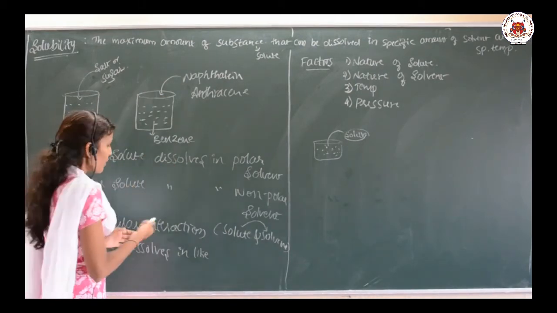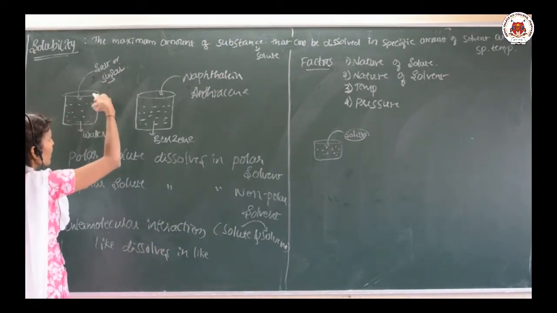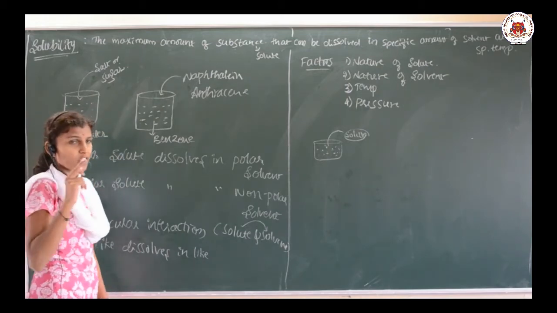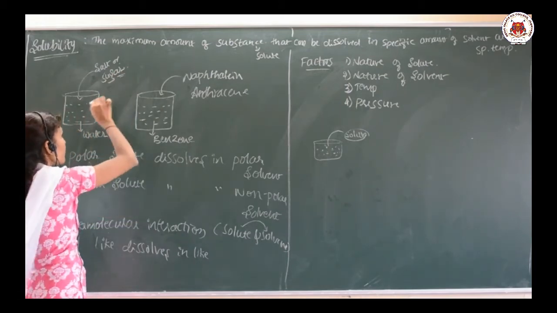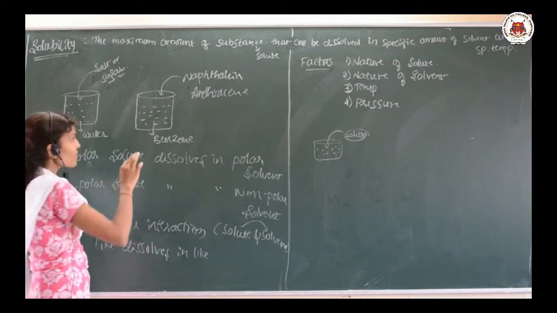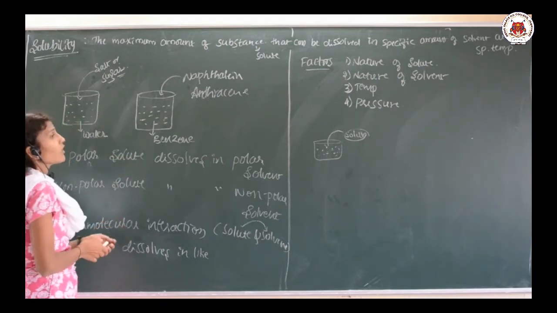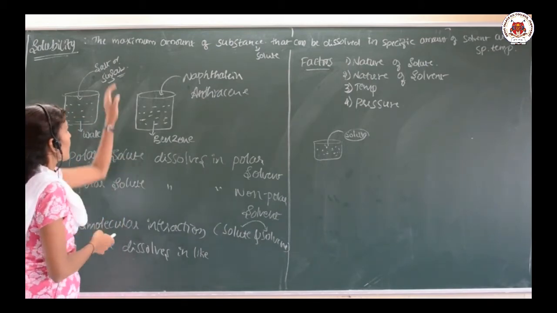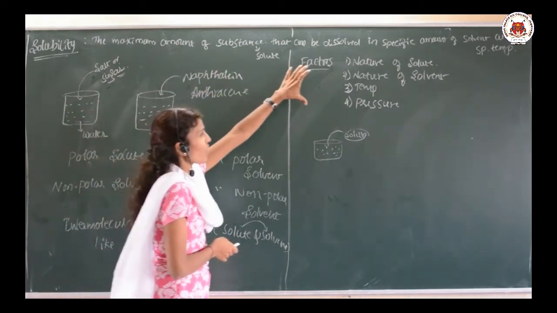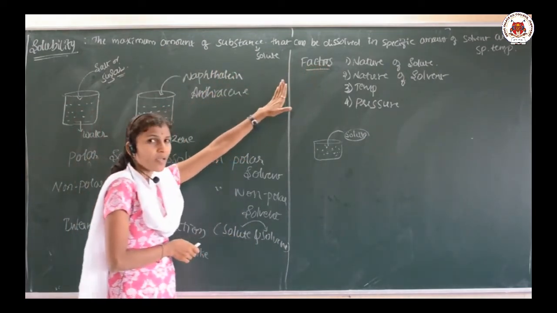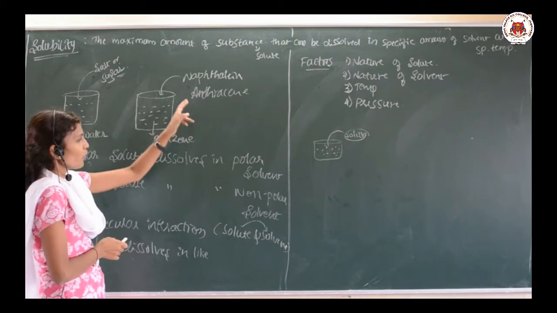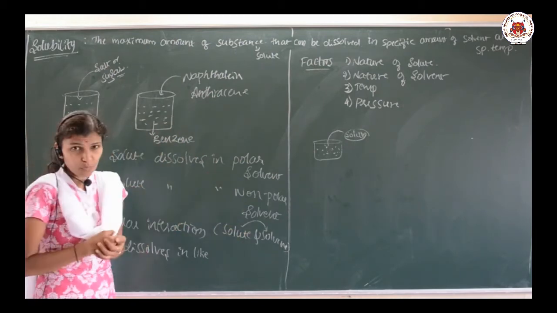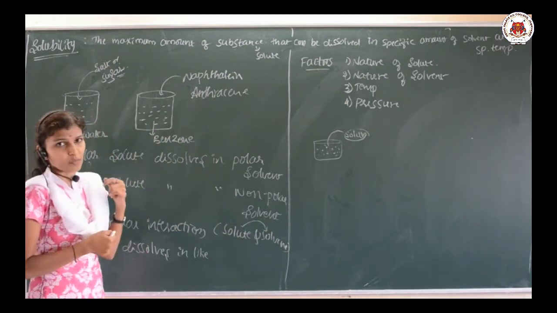The reason is that when the solute and solvent have the same intermolecular interaction, only then does it get dissolved, or else it will not. So, this is the definition of solubility, the factors affecting it, and which type of solute gets dissolved in which type of solvent.